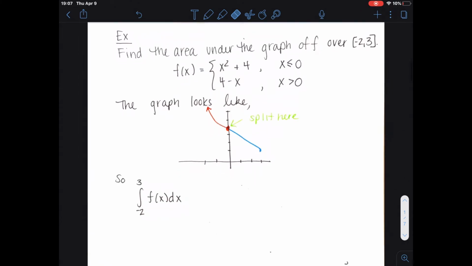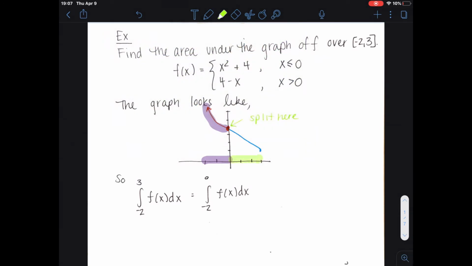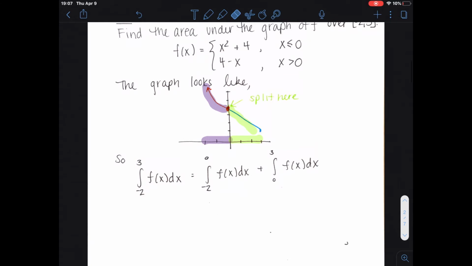So when we're going from -2 to 3, I'm going to first go from -2 to 0, which will give me this particular function. And then we're going to switch over and go from 0 to 3, and my output rule is a different function. And that in total will give me the area under this piecewise curve.